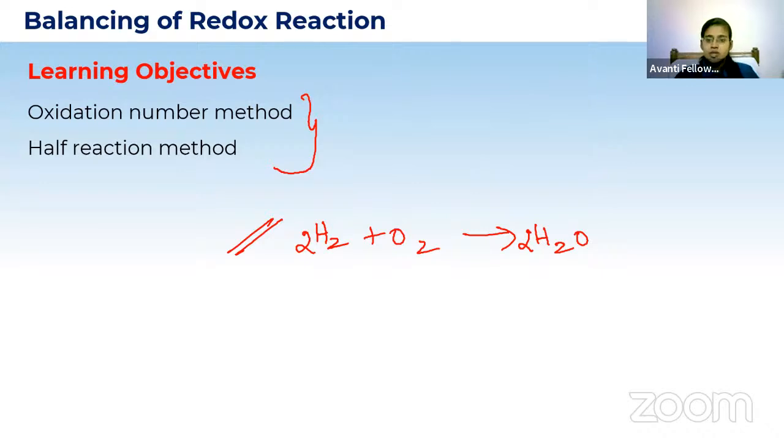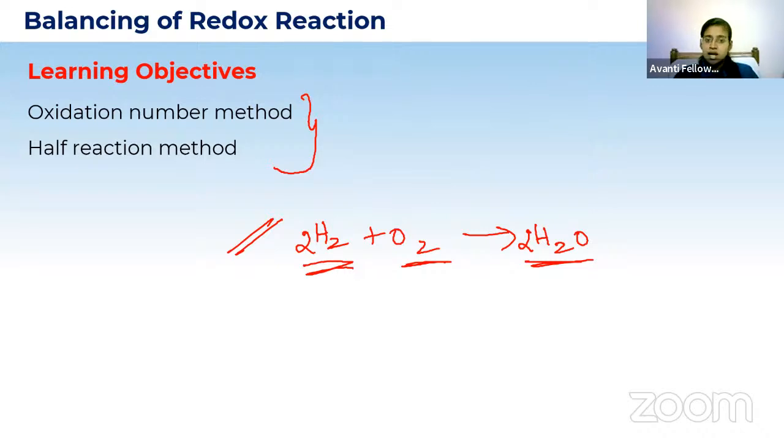We check the number of atoms: here 4 hydrogens and here also 4 hydrogens, and here 2 oxygens and here also 2 oxygens. We look into the total number of atoms present in the reactant side and the product side.